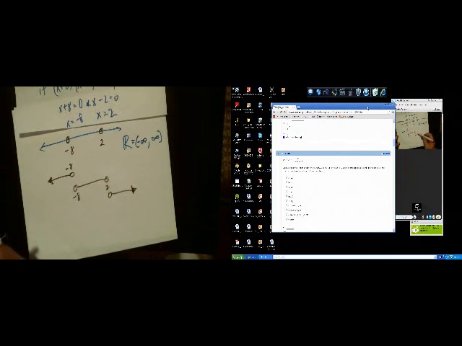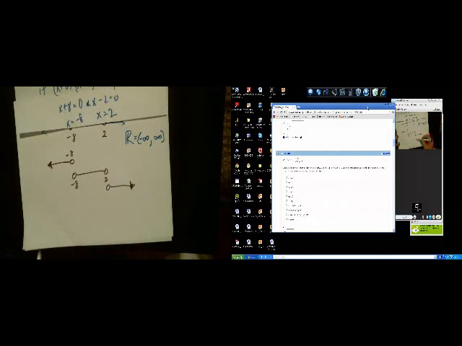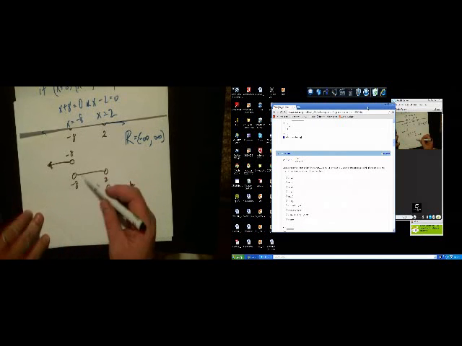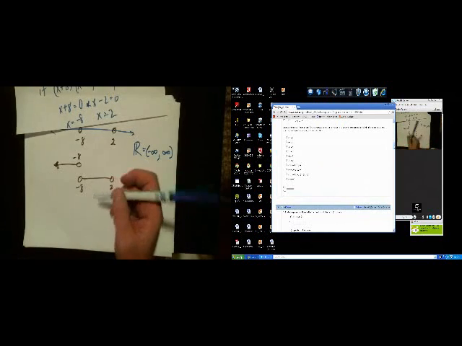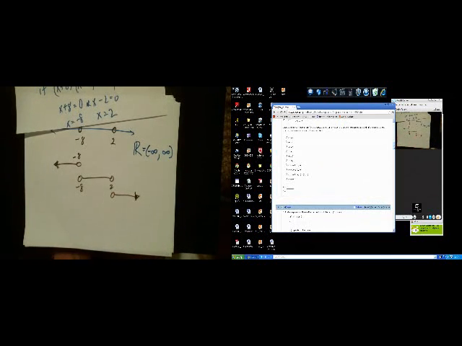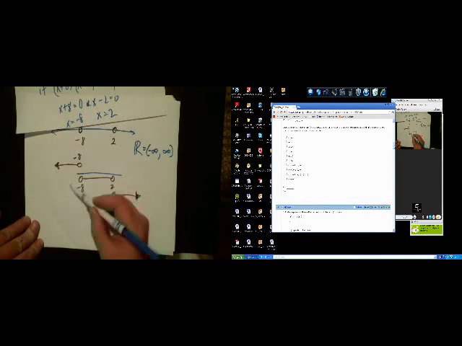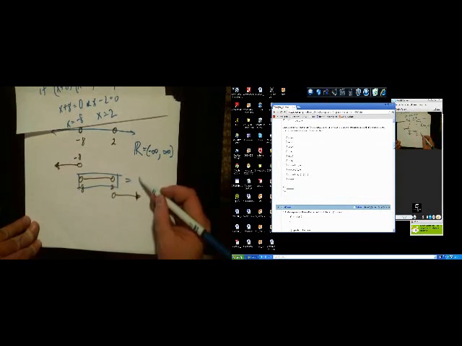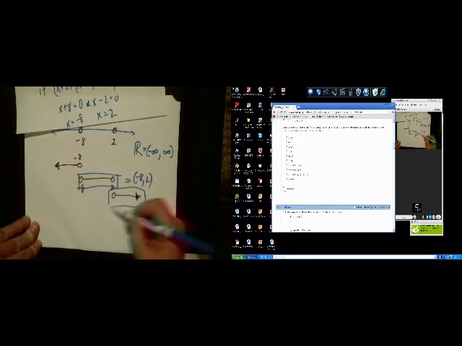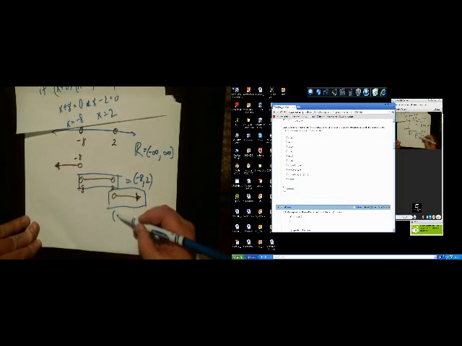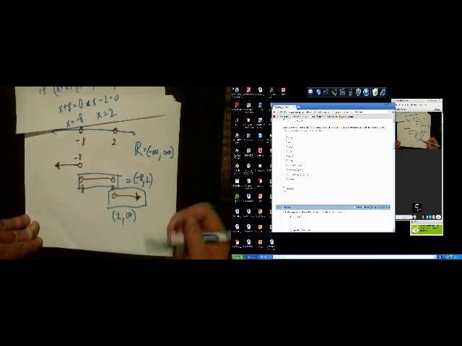Now, how does that translate? Write this down using interval notation. The parentheses are the open ones; the brackets include the endpoint. So this middle piece is parentheses negative 8, comma 2. This part would be parentheses 2, comma infinity.